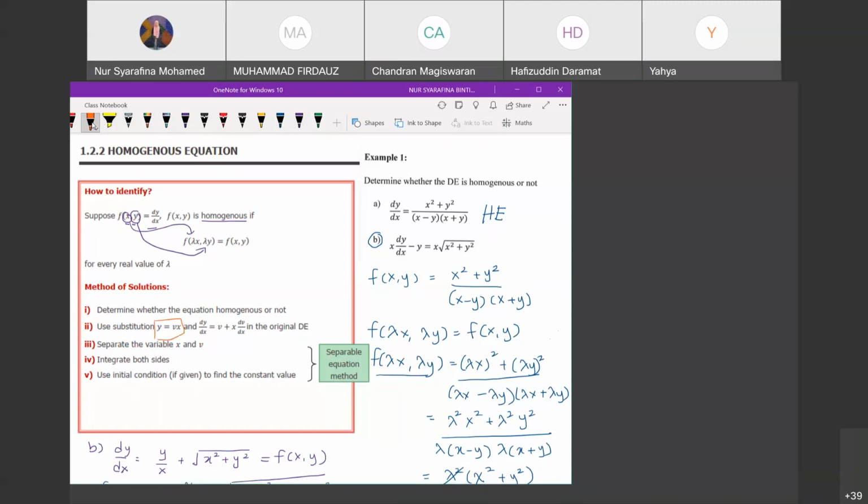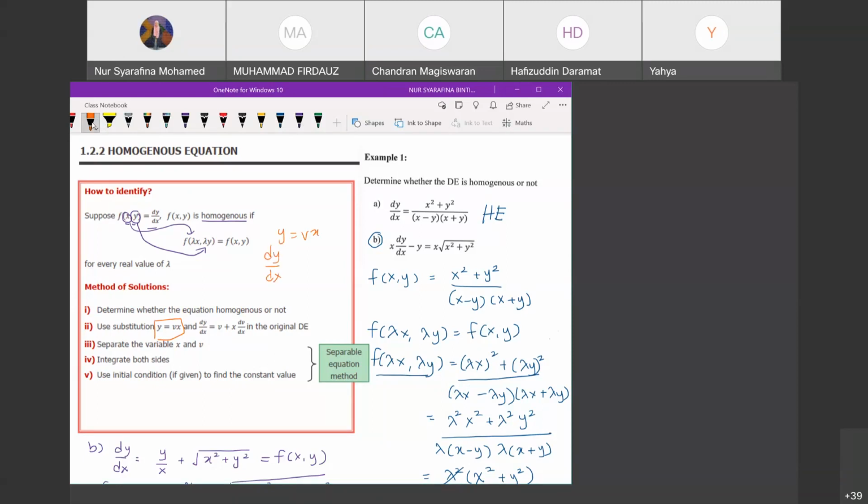So this is the substitution that you need to use. Remember, if the function is not separable, we can use a substitution. So for this homogeneous equation, it is non-separable equation. So we use substitution, which is given y equals to vx here. Then we substitute y equals to vx, and then we differentiate this by using product rule.